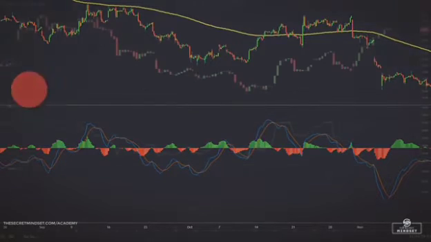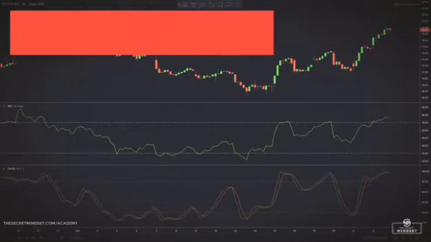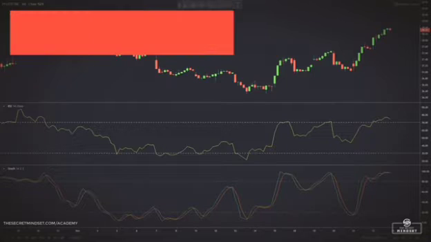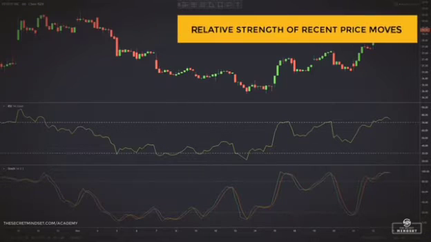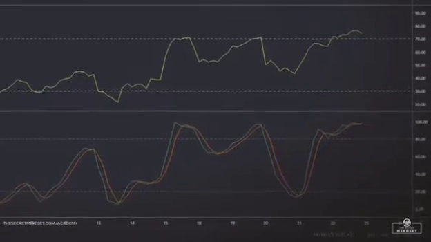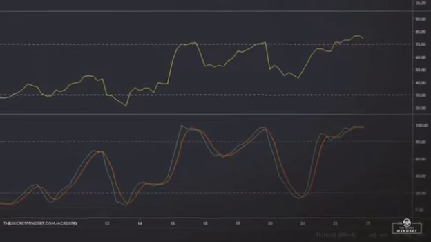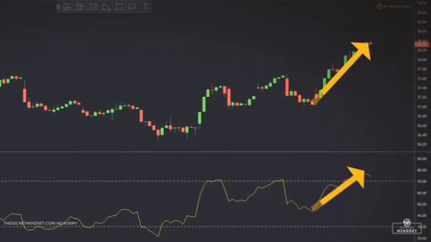Another popular group of technical indicators are momentum indicators, also called oscillators. Unlike trend indicators, oscillators measure the relative strength of recent price moves and plot a value between 0 and 100, hence their name. If prices are rising strongly, an oscillator follows and reaches overbought levels, giving you a sell signal.